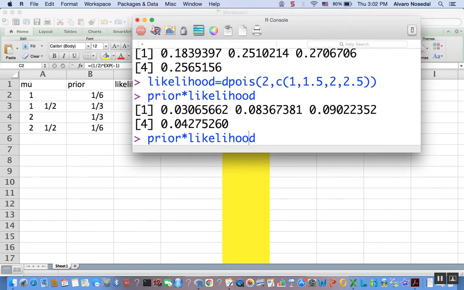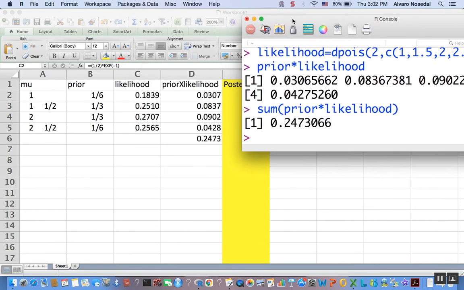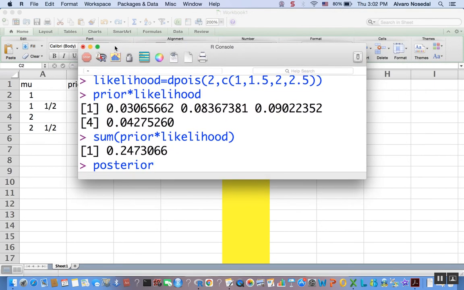So we can find that easily using R with the built-in function sum. There we are. That's the sum of these products, and we know that the posterior is just the product of prior times likelihood divided by the sum of all those products.